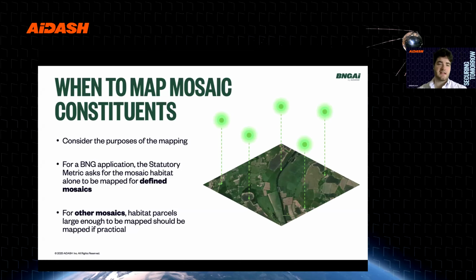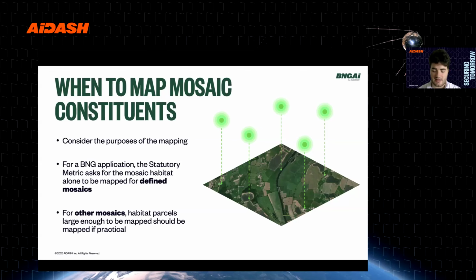So it's not just those defined mosaics, and for those other mosaics it's much more of a judgment call about when you want to use them. Those habitat mosaics can be really any habitats at all. We'll talk about that in a second. And for that, I would recommend mapping those constituent habitats if those areas are large enough.